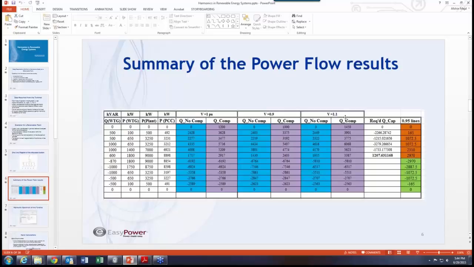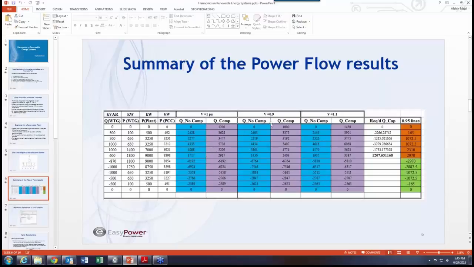And we discussed the impact of voltage change: if the utility voltage changes, there would be a slight change in the capability of the plant to meet the reactive power values. In other words, let's look at the similar values here. For 100% voltage, if each turbine is generating the same amount of P and Q, this is how much Q I'm getting here, and this is how much Q I'm getting here.